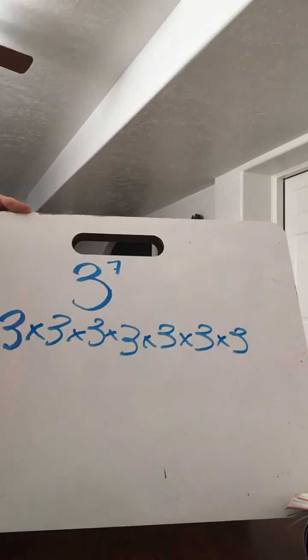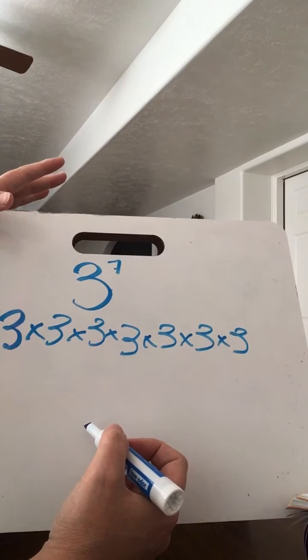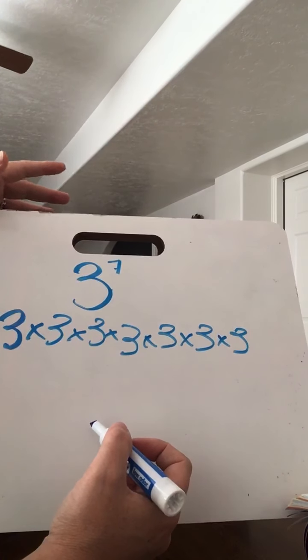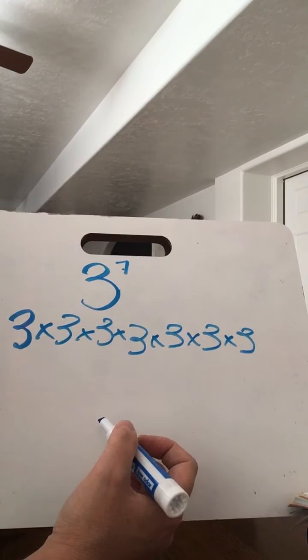That's a lot of 3s. And then it says, then find the value. If it says then find the value, guess what you have to do? You have to times them all, right? And it takes a minute. That is okay because we're practicing multiplication, and that's always helpful because you'll get faster at it.